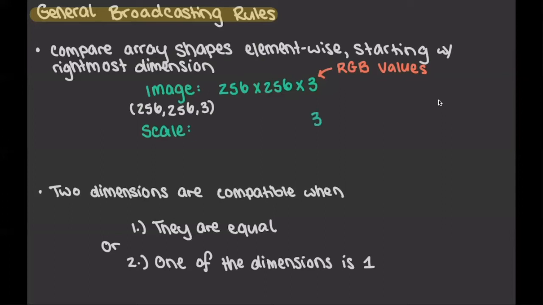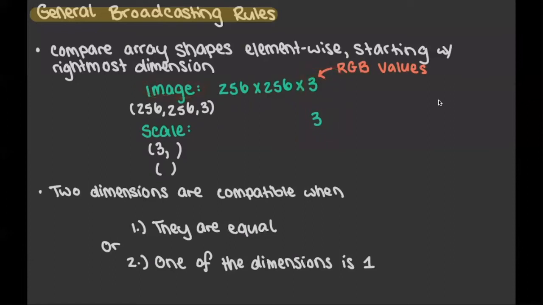How this might be represented in NumPy is you might get the dimensions like 3, like this, or it might be dimensionless, for instance. So it might pop up as something like this. In any case, what we're going to do is compare starting from the right. So this 3 here under scale, we line it up with the rightmost value from the image dimensions.